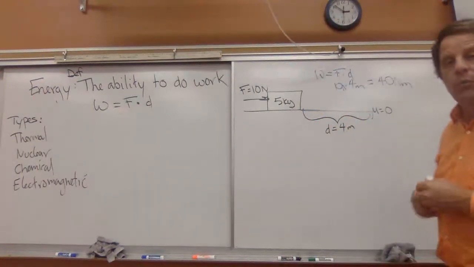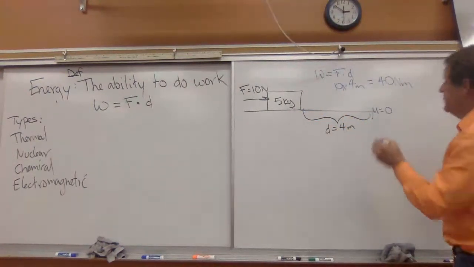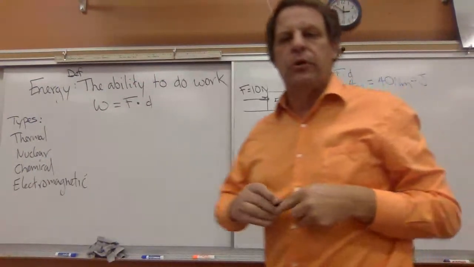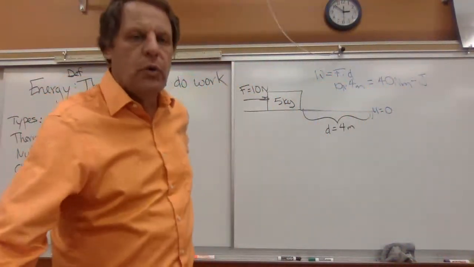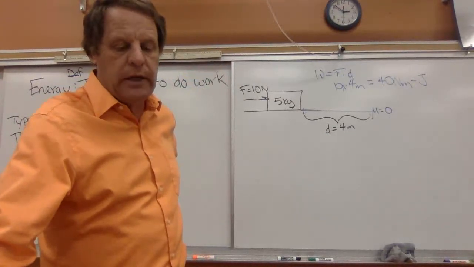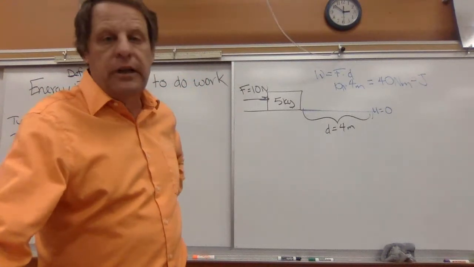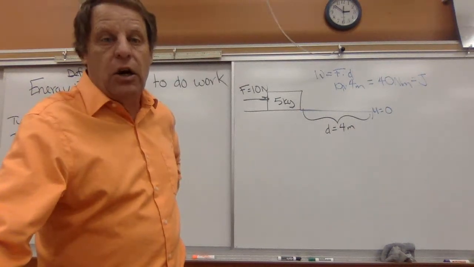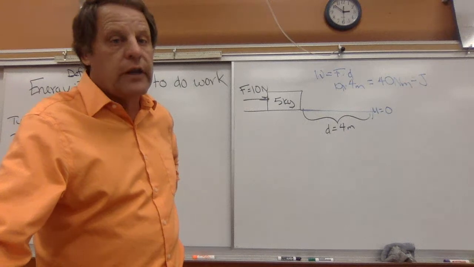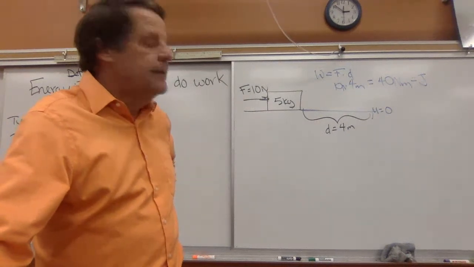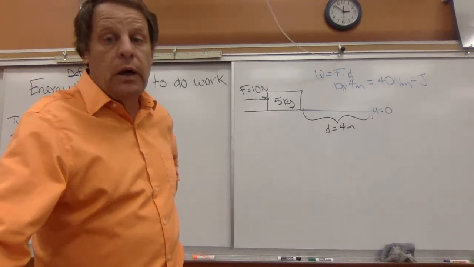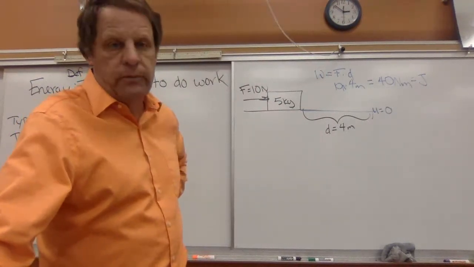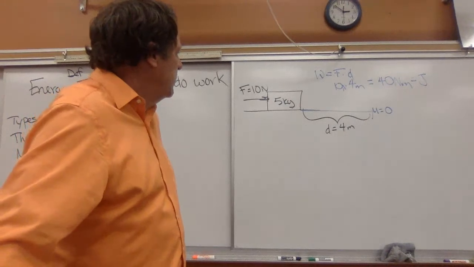So the unit for work, and therefore energy, is going to be joules, capital J. You might remember that from chemistry, maybe specifically thermodynamics, whether in honors chemistry or certainly a lot more in AP Chemistry if you took that class. So our answer is 40 joules.